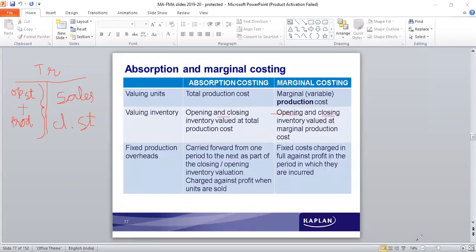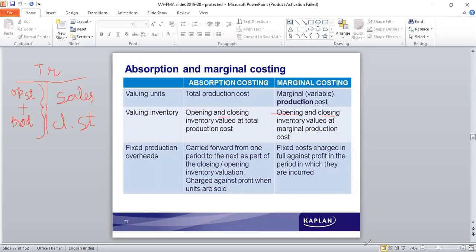The number of units we know. But how much value should be charged to those closing stock units? Is it that simple that we can just straight away write the value of closing stock?